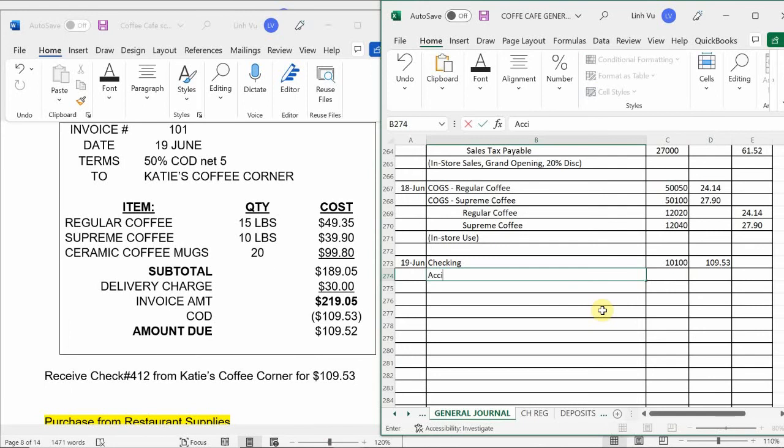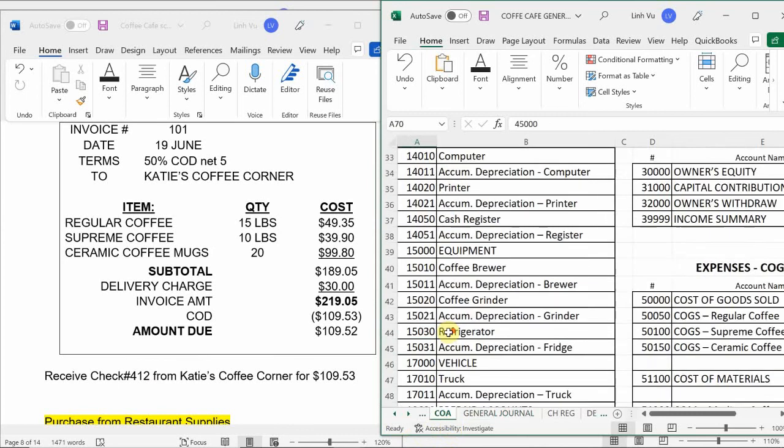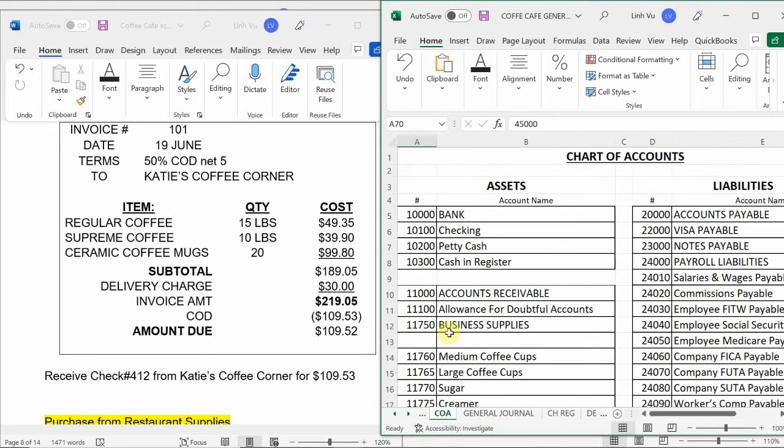Okay. Now, what account number is accounts receivable? 11,000.